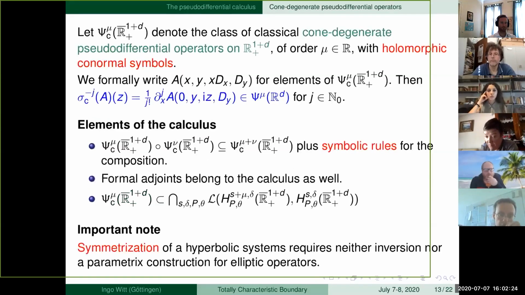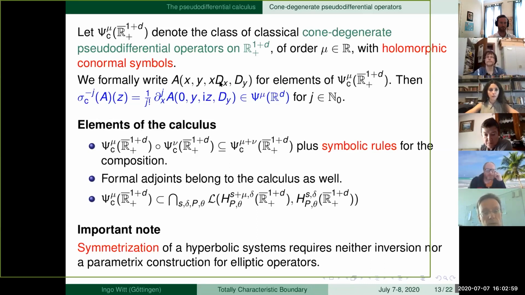Okay, so now very quickly, for the class of two-dimensional operators. Depending on which school you come from, you call it cone calculus or B calculus. Here we need some adjustments. I just take all classical pseudo-differential operators with the additional requirement that I allow only holomorphic conormal symbols. What is such a conormal symbol?